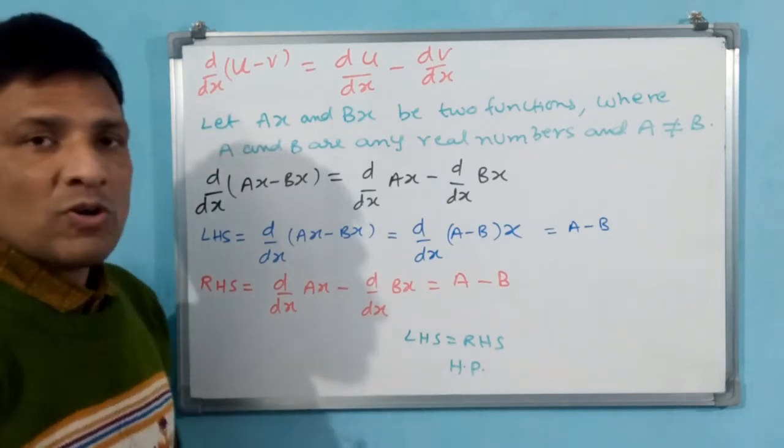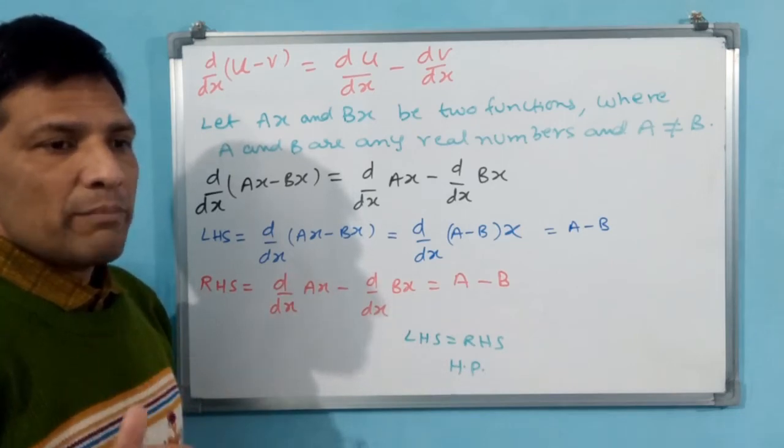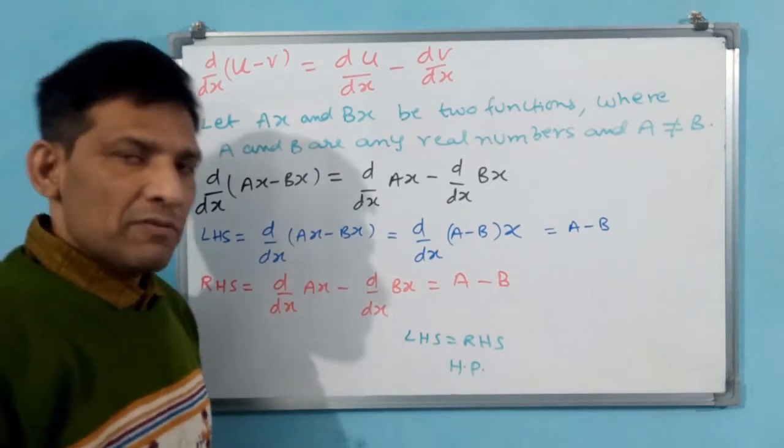Now we go to the proof of the multiplication of derivatives, d by dx of u into v. Let us go.